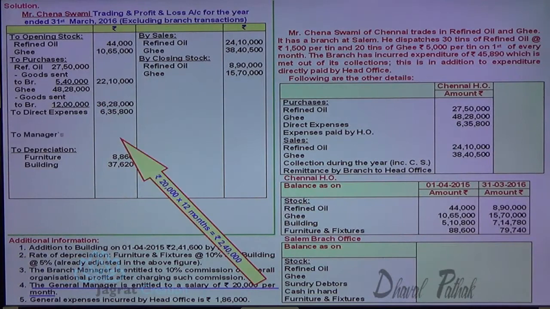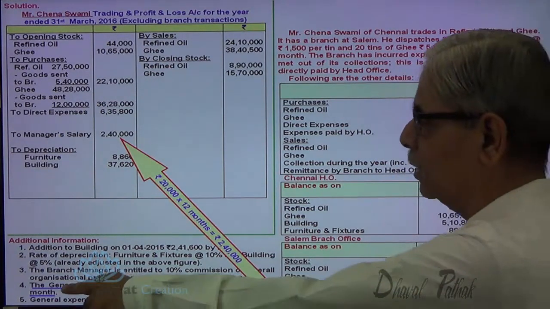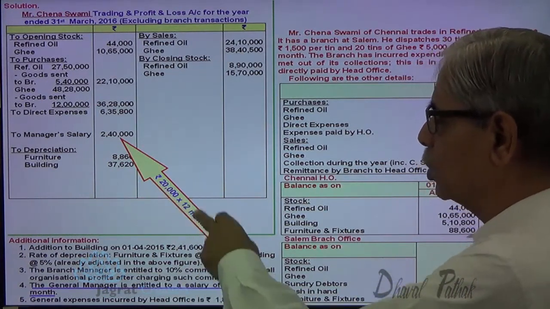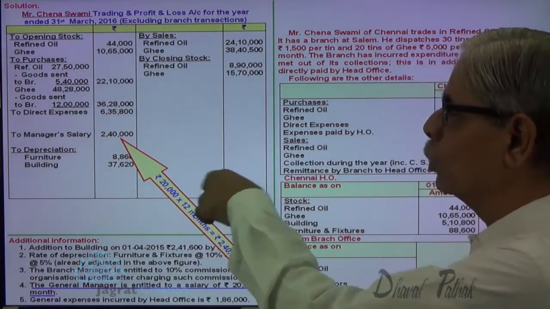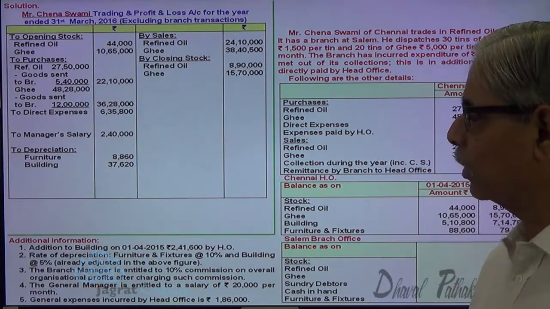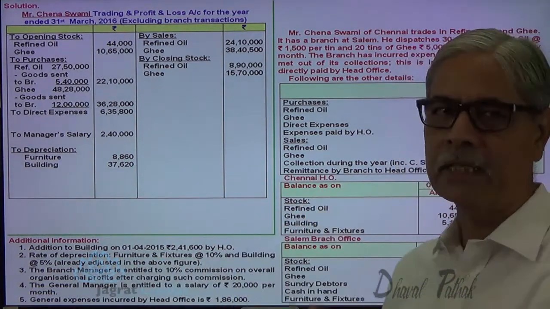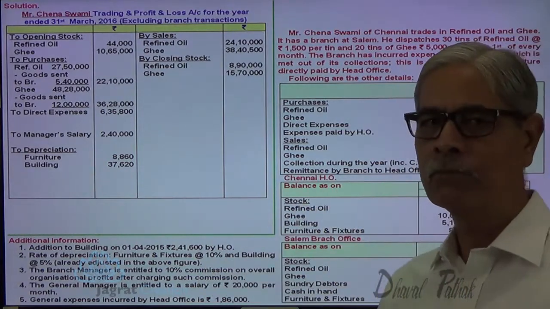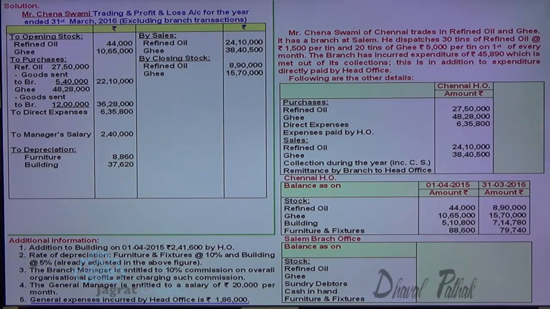But before that, let me record the general manager salary, 20,000 per month. So 20,000 into 12, 2,40,000 manager salary is recorded. Only this adjustment is yet to be worked out, commission to the branch manager, that I am going to consider after a couple of minutes.